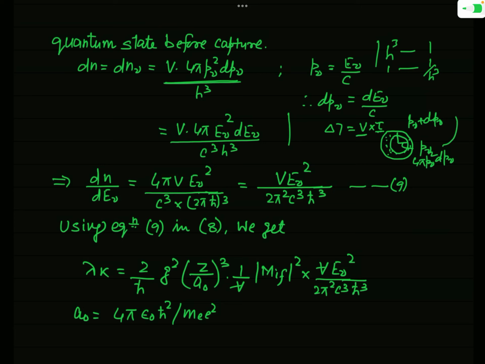And so, in this much volume, what will be the number of quantum states? That will be simply equal to 4 pi P nu square dP nu divided by h cube, times V, because in phase space the total volume will be equal to V times 4 pi P nu square dP nu, and the volume corresponding to one quantum state is h cube.